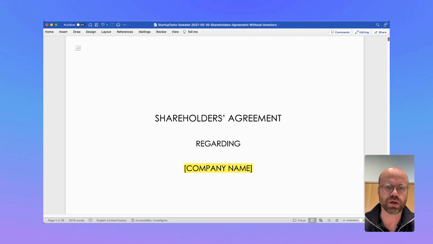Now, what things are in a shareholders agreement, you might ask? Well, there are laws regulating what you can and cannot do with companies. But nevertheless, if you look back at when a company is formed, a company is founded by a group of people, the founders, who might or may not have a shared vision of where they want to take this company.